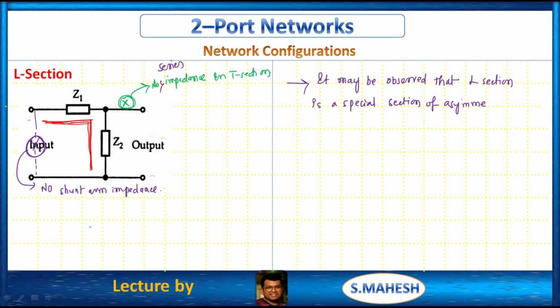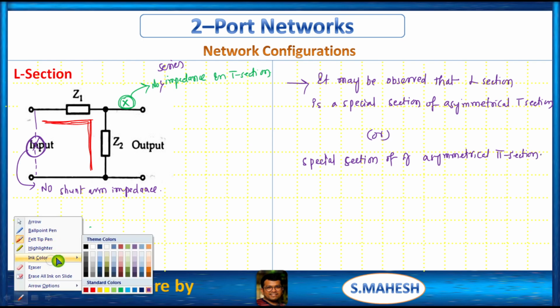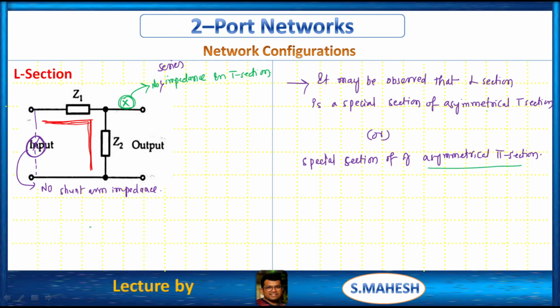It is a special section of asymmetrical T section, or we can say special section of asymmetrical pi section. So L section is nothing but a type of asymmetrical T section or asymmetrical pi section.